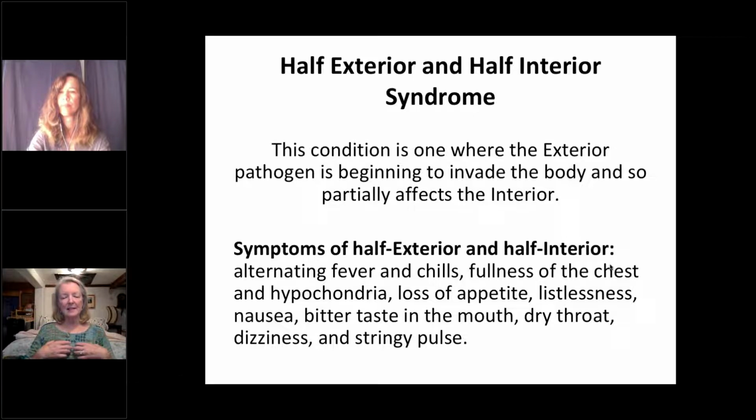If it doesn't get dispelled, if it doesn't get pulled out or expelled from the body, it can actually linger there for years. So somebody can get over the acute form of the cold or flu, but they never feel quite right for even years afterwards, or ever since then they've had a pain in a joint, or ever since then they've had some particular symptom that came up that they just can't get rid of. And that's because it's not fully in the interior of the body or on the exterior, it's halfway in.